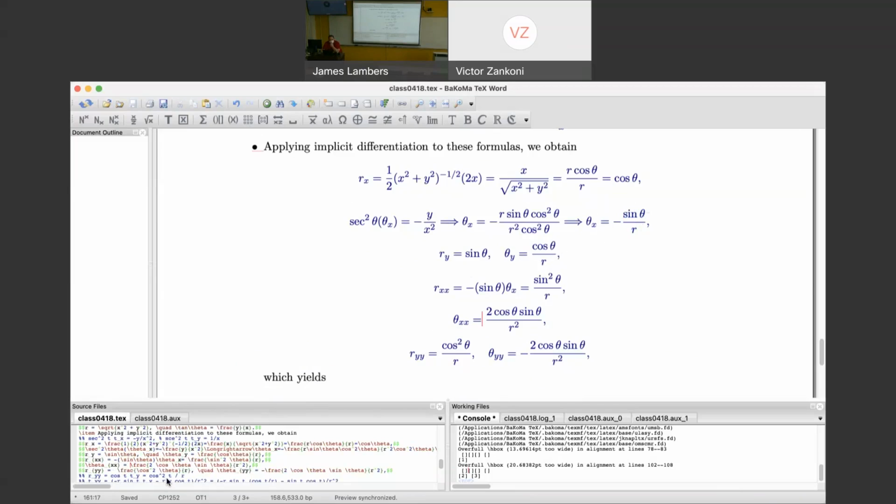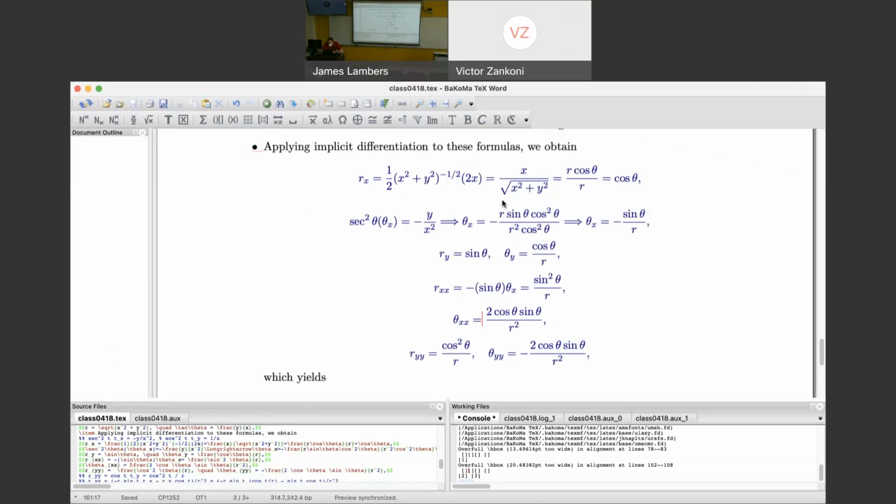You have to use the square root of x squared plus y squared? No, we don't have to use that, thankfully, in terms of differentiation rules. We're just differentiating with respect to x, right?